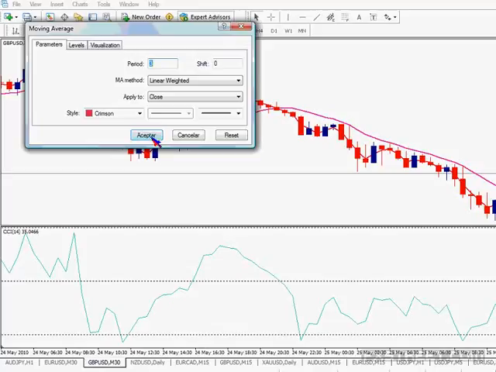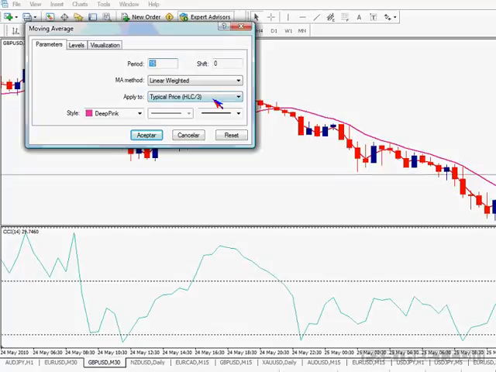Anyway, I believe the webinar is being recorded, so we'll have a copy of this one, and I will leave them there for a second, so it will be easy to review. And the other one is a 15, also linear weighted, applied to typical price. These are the settings here.